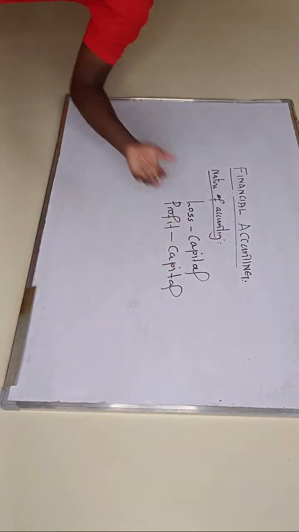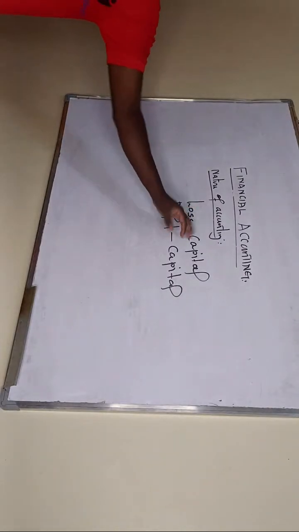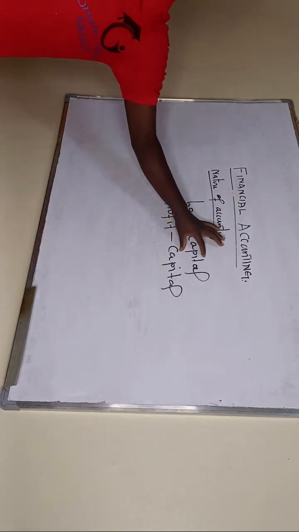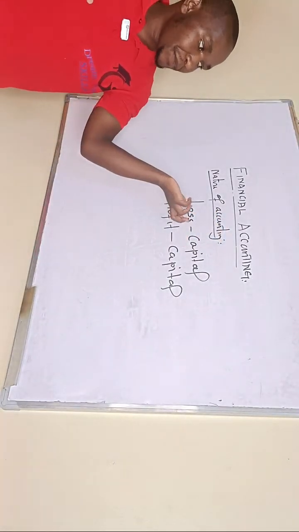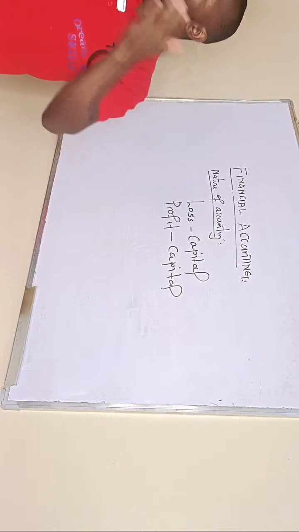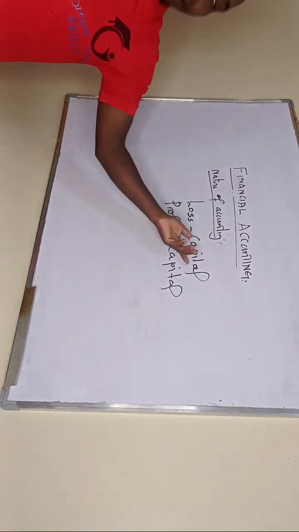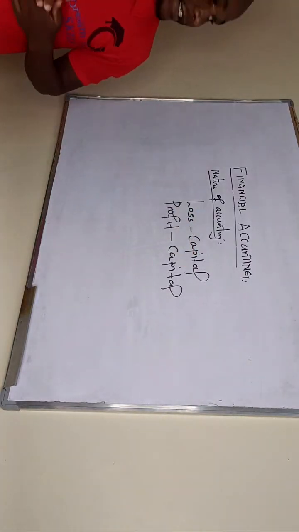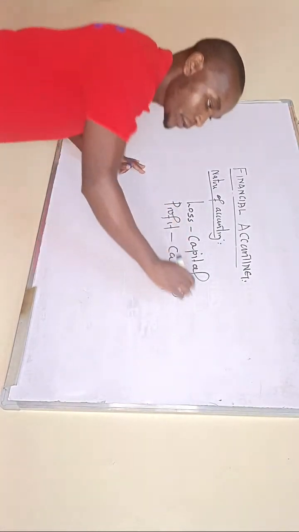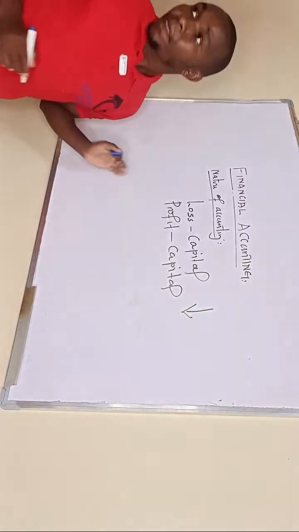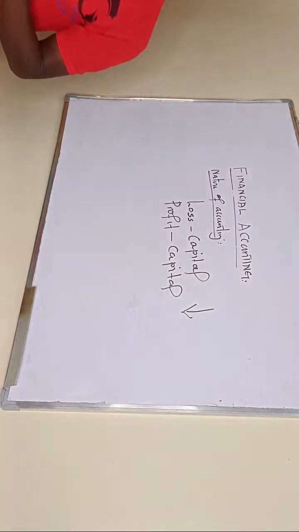If you make a loss, it will reduce your investment, because you are incurring expenditure which you will not recover. So the effect on the capital will be what? The capital will decrease.